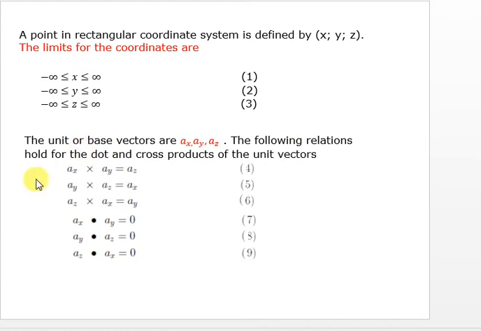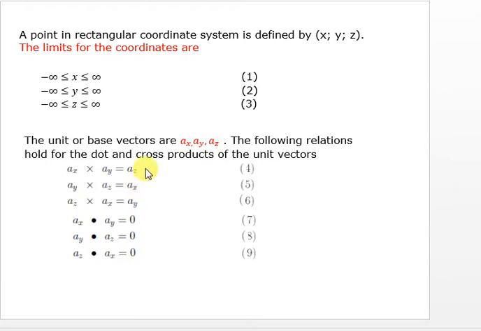The following relations hold for the dot and cross product of the unit vectors to solve the problems of the Cartesian coordinate system. You see here unit vector ax cross product with unit vector ay. The resultant of this cross product is unit vector az. Similarly, the cross product of unit vector ay and unit vector az, the resultant is unit vector ax. The cross product of az and ax, the resultant is unit vector ay.